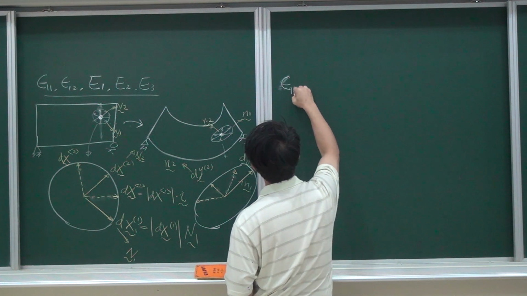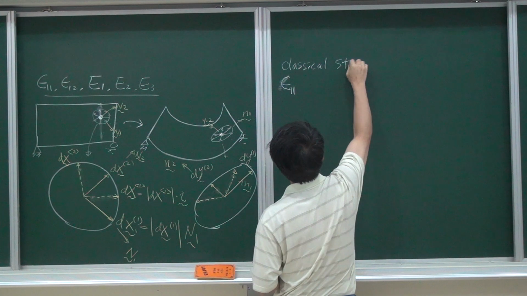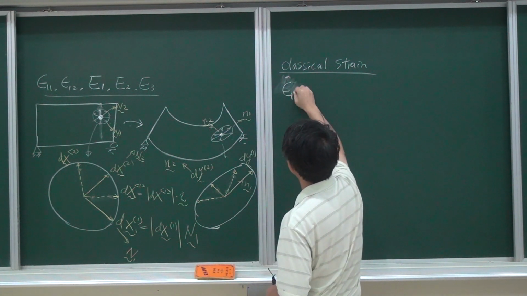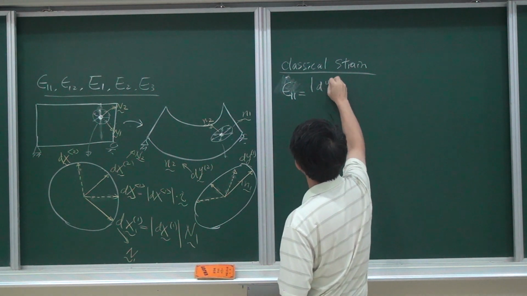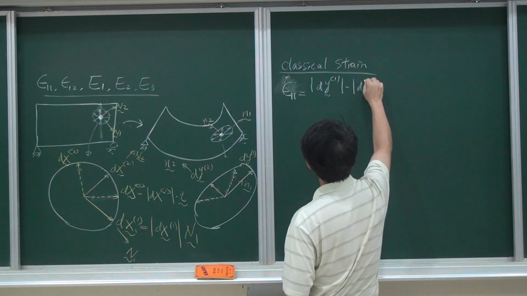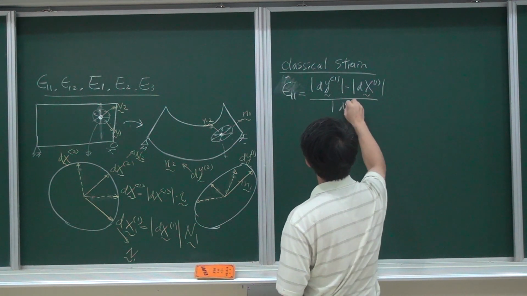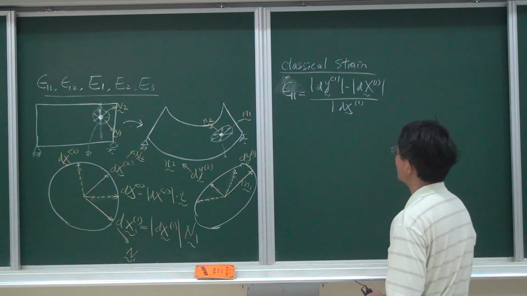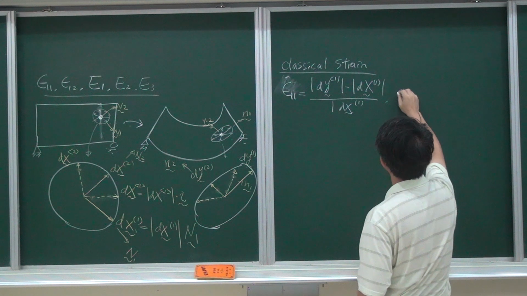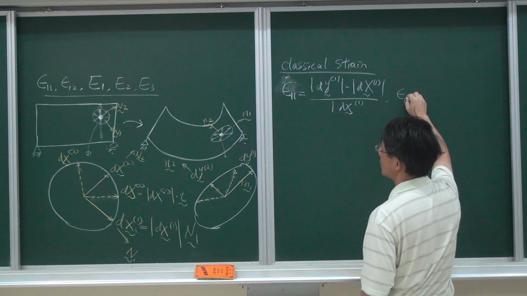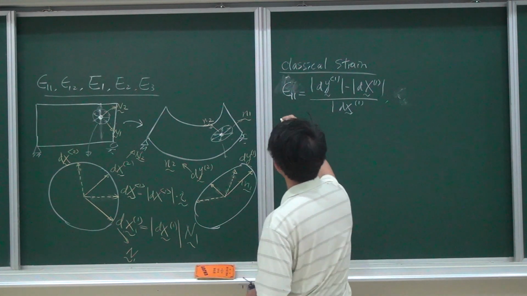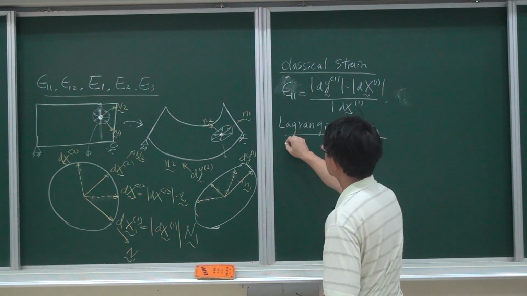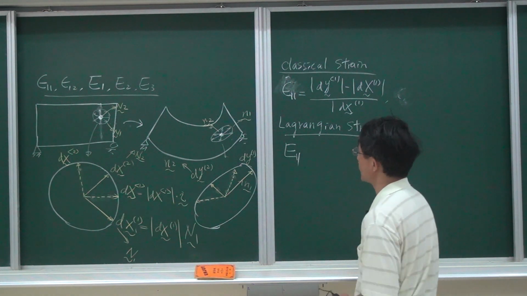For the classical strain we have this. For the Lagrangian strain, we still have E11, we still have the component.